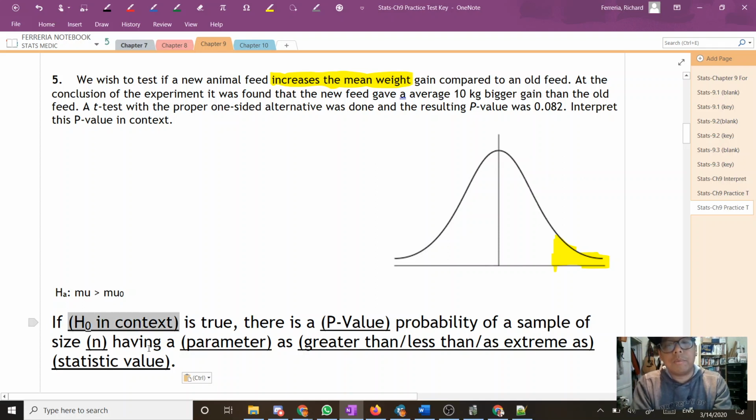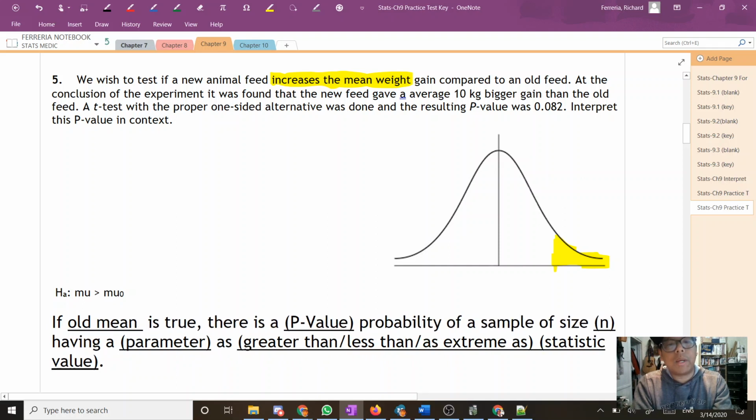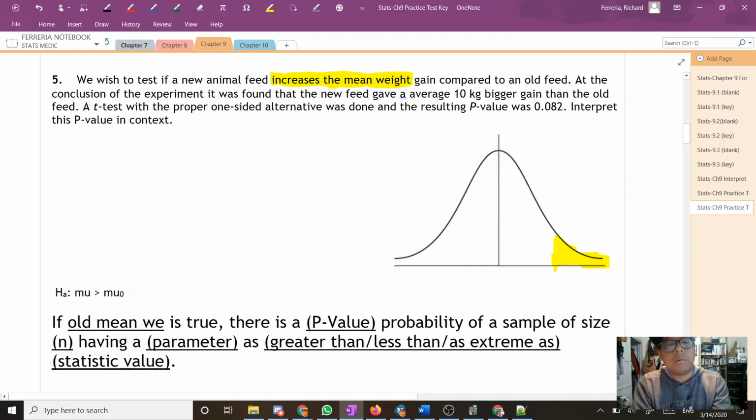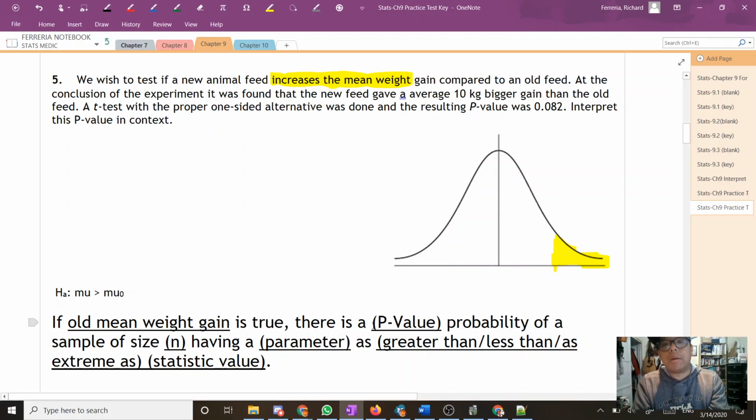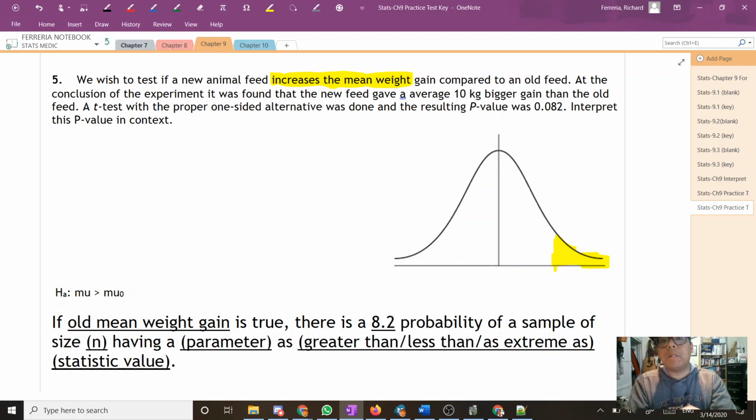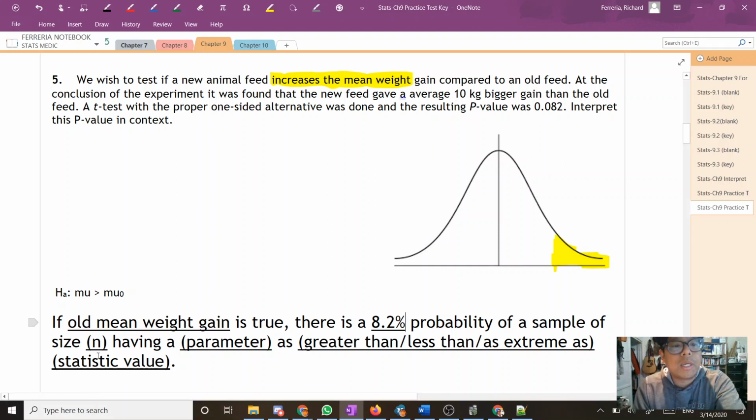If the old mean weight gain was true, then the p-value is 0.082, so that's an 8.2% probability that a sample of size, well, we don't get a sample size, so we'll just leave that at n.